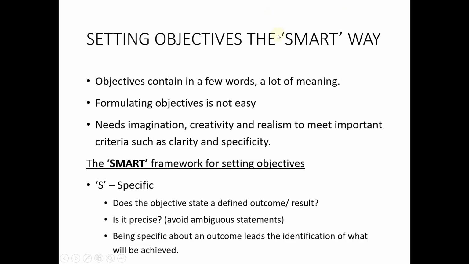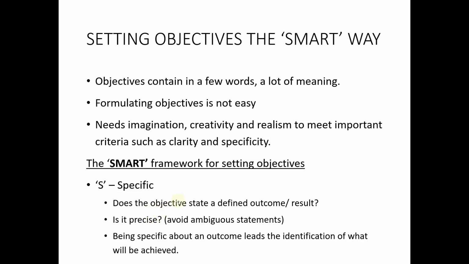Yes, in this word SMART, S refers to specific. Specific means very precise, pinpointed, accurate. Whether the objective specified is to the point, is it precise, or is it vague or ambiguous? Ambiguous in the sense it is a confusing statement. It should not be confusing, it should be to the point, precise.